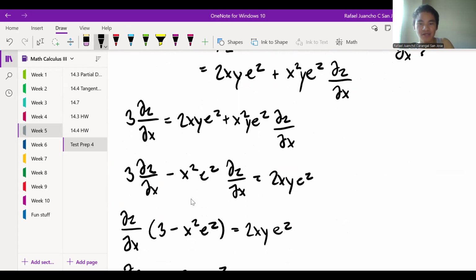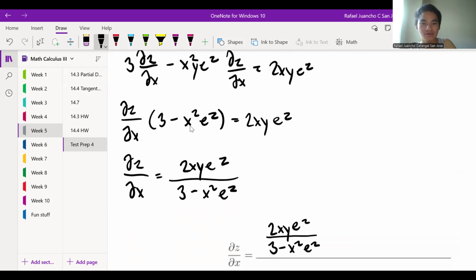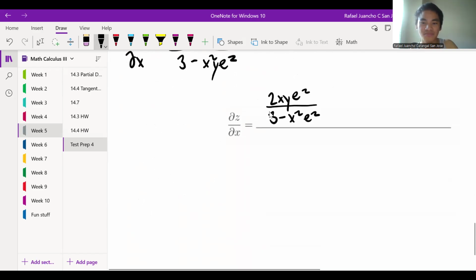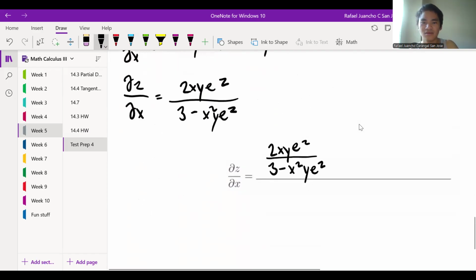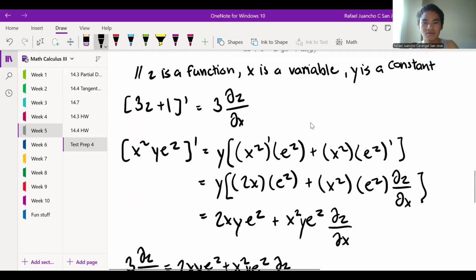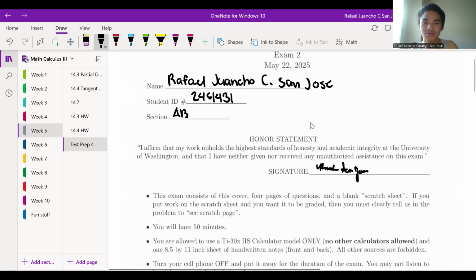And then my y, and then my y, and that was it. I just add my y here. x squared y e to the z, right? Yeah, I think I'm a bit confident. Yeah, this looks all right.